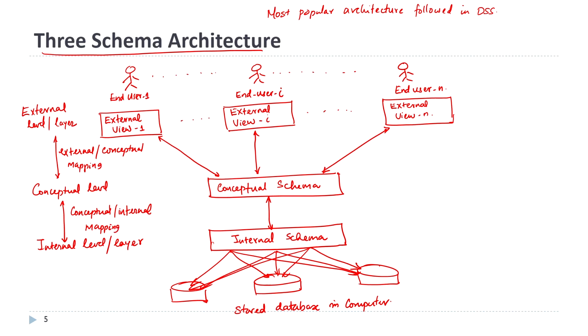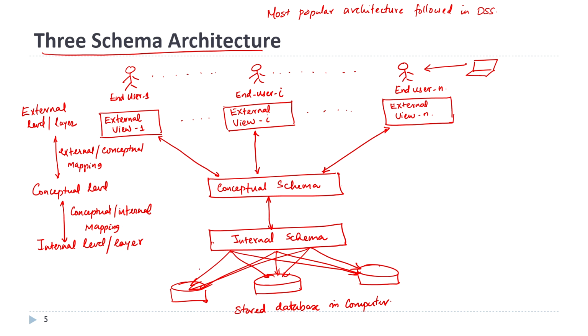The translation from the external layer is whatever the end user sees. The end user will mostly be using a computer or a display device to see an external view of how he or she perceives the data. That is translated to a conceptual level where there is a conceptual schema.